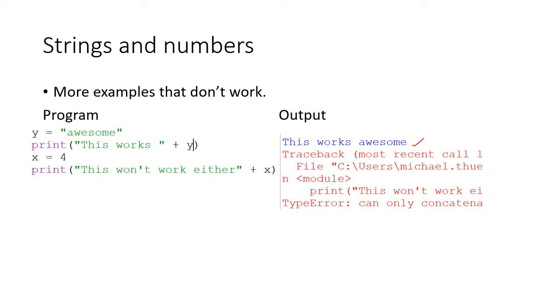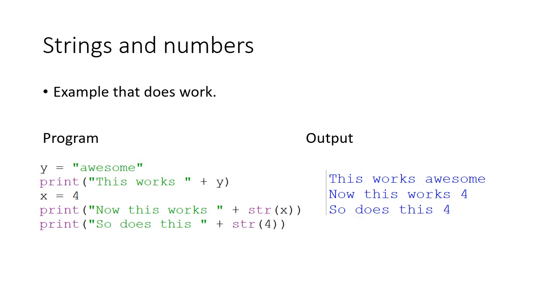Now I'll show you how to make it work. Again, y is a string because y is equal to the string "awesome", so when we combine it with another string, it works. We have x as an int again, but now before we add it, we turn it to a string by putting str in parentheses in front of it.